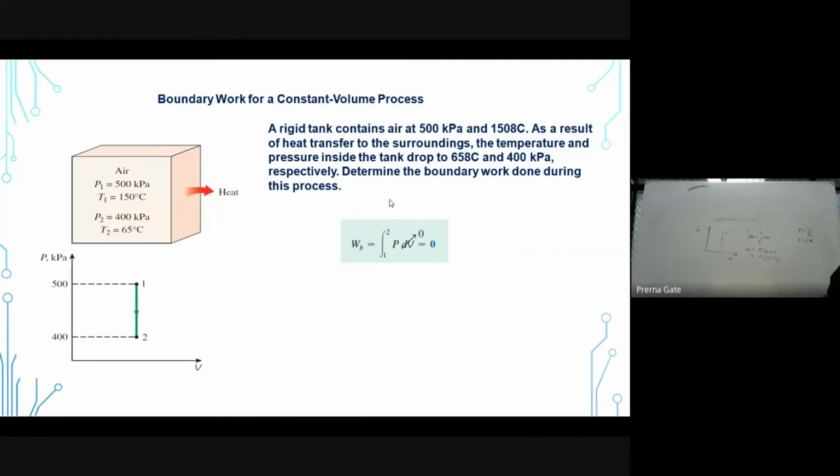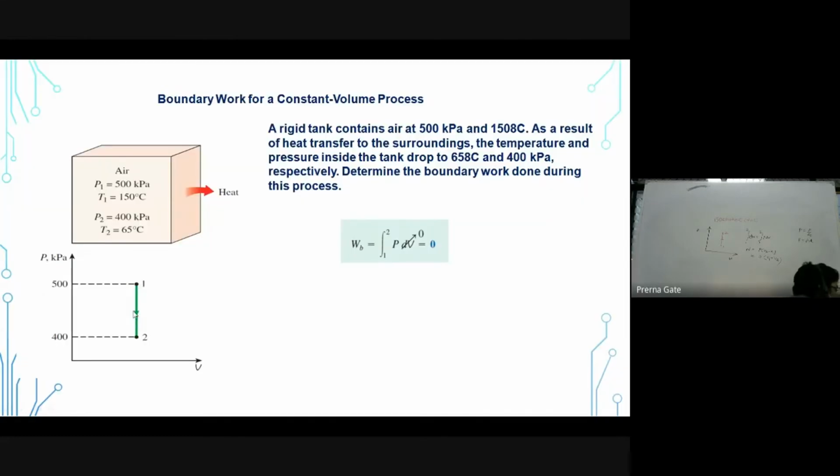You have to determine the boundary work during this process. Obviously, as written on the screen and as I have already derived, the work done is 0 as the volume is constant, and it is the representation of an isochoric process on the PV curve. If you calculate the area under this curve, it will be a point, and it will come out to be 0.